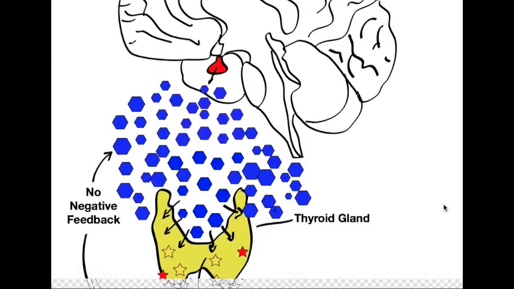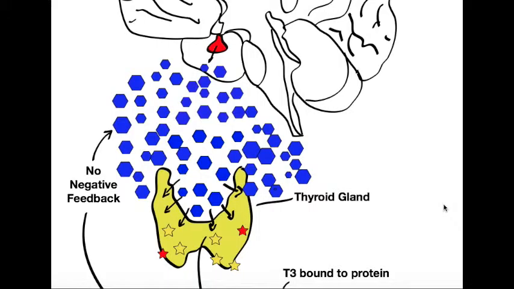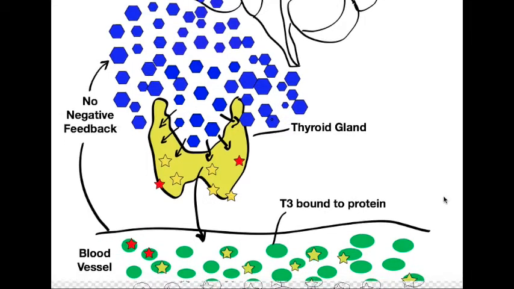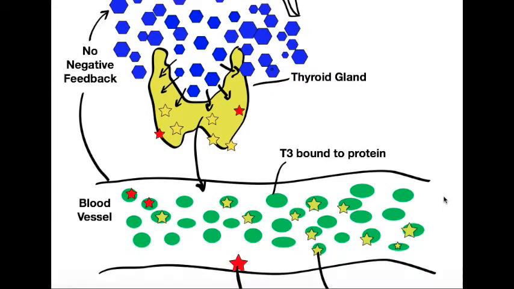So here you can see in a diagrammatic form that we have many more blue hexagons, which are the thyroid-stimulating hormone. And the pituitary is constantly trying to activate this yellow thyroid gland into producing thyroxine, but because of a disease of the thyroid gland, it won't produce enough thyroxine, which means that there is no negative feedback and the pituitary gland carries on producing these blue hexagons.